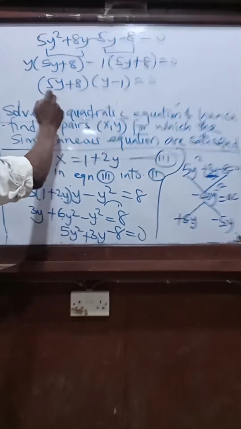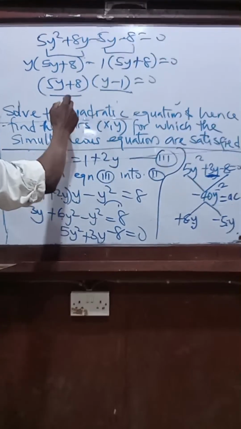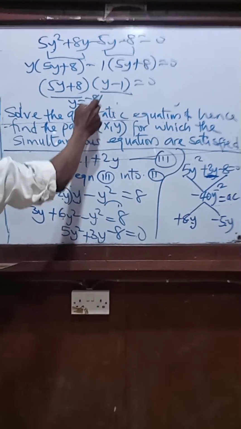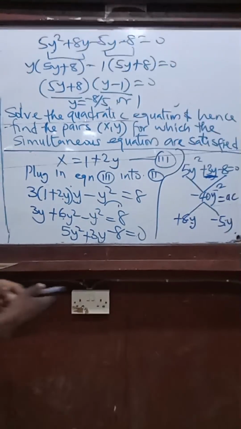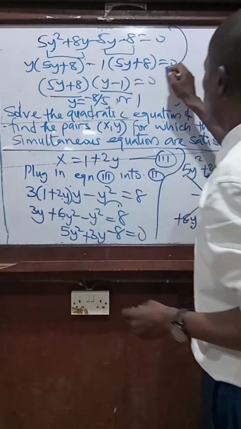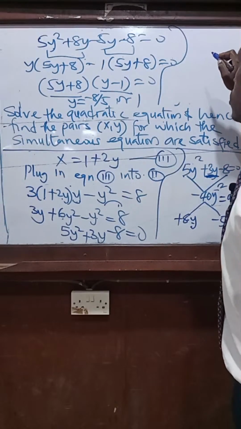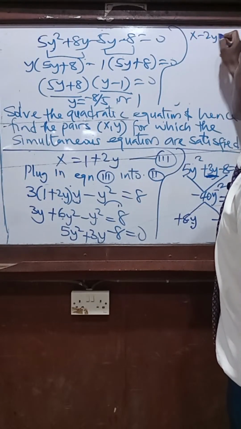So this is equal to 0, this is equal to 0. So y is equal to minus 8 over 5 or 1. Then we can get the x value. That will be x minus 2y equal to 1.